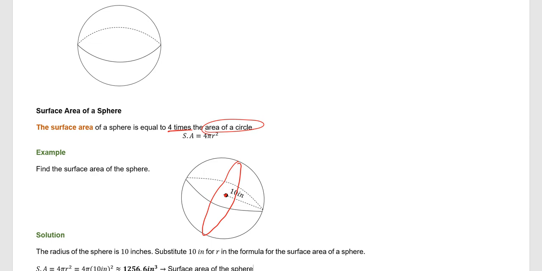Any circle that goes through the center, like this one, or this one, has an area of pi r squared. So the surface area of the entire sphere is 4 times that. Okay, 4 pi r squared.